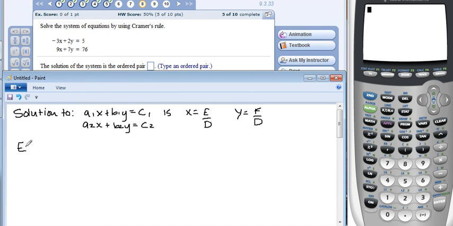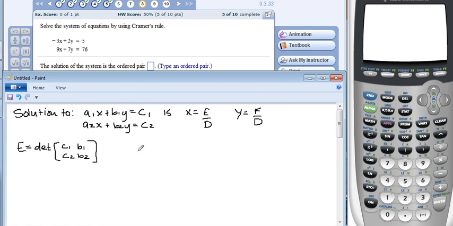E is, by definition, the determinant of C1, C2, B1, B2. So I would take these two numbers here and put them in here, and then these two numbers here and put them in here.